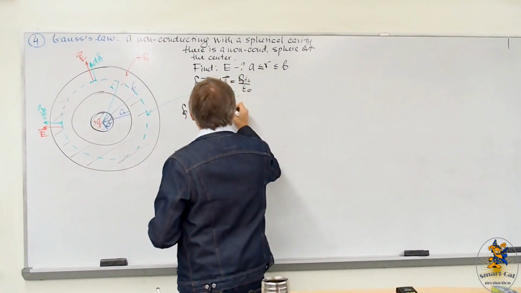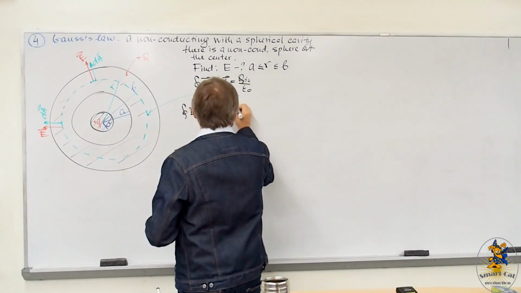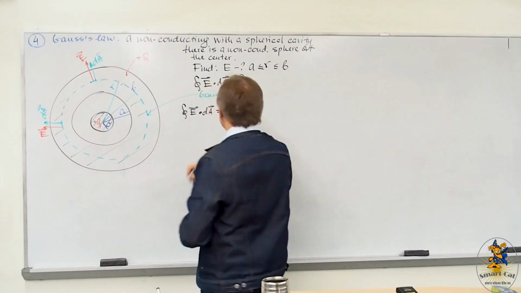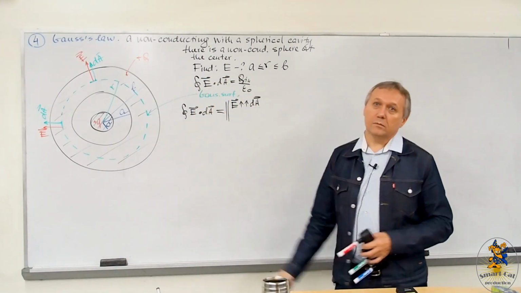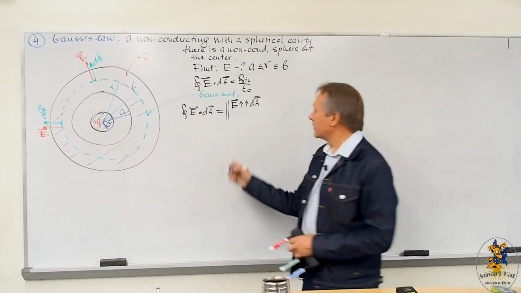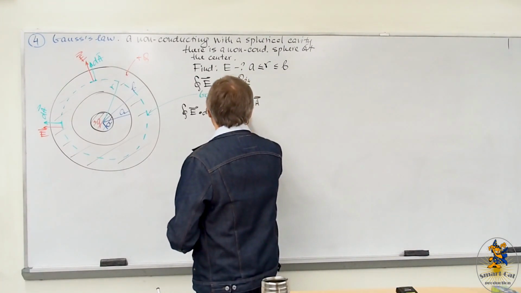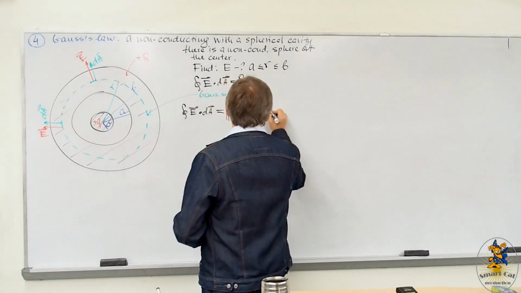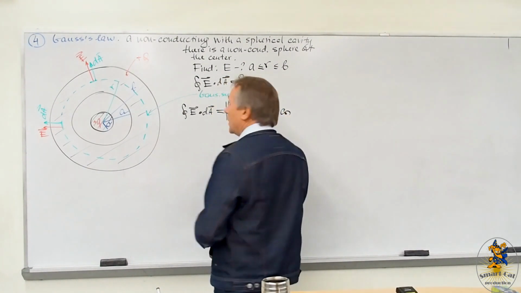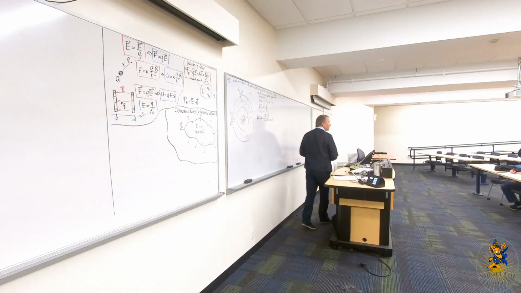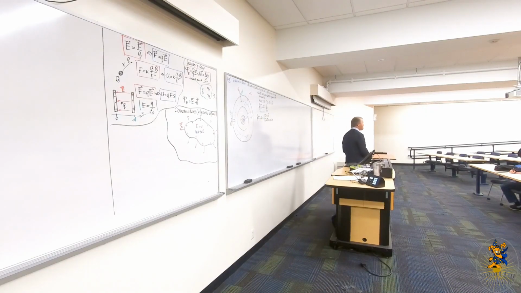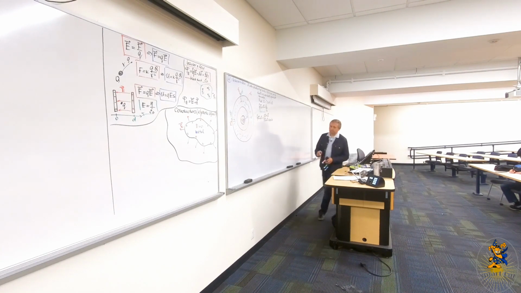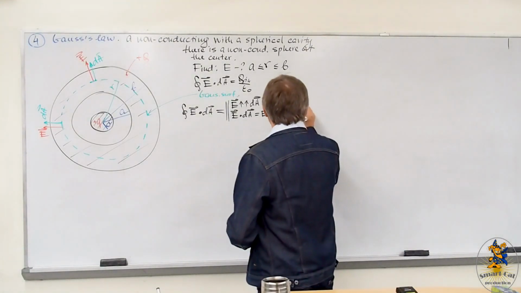And now, of course, I can open my explanation box. Since the electric field is parallel to dA, I can take care of that dot product. I can write explicitly E dot dA equals E dA times the cosine of the angle between two parallel vectors, 0 degrees.